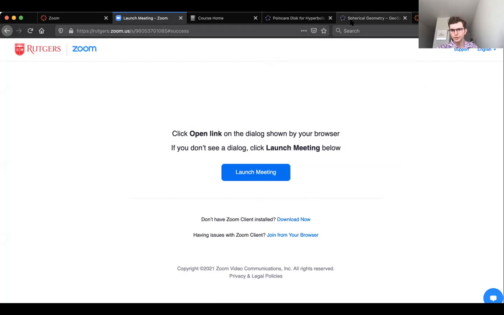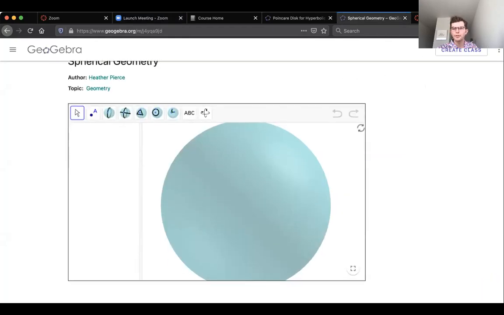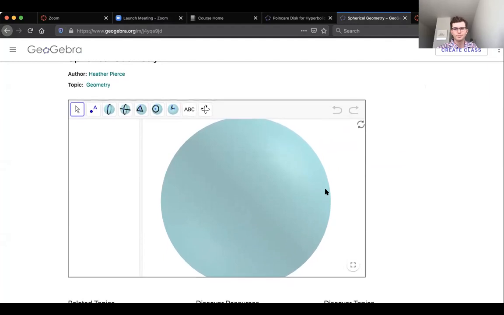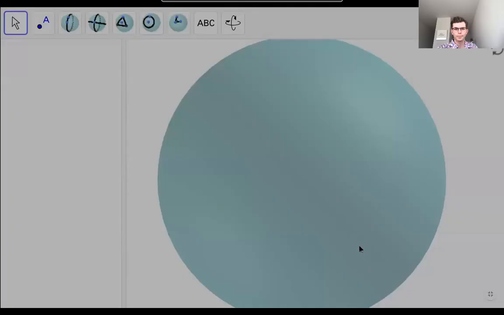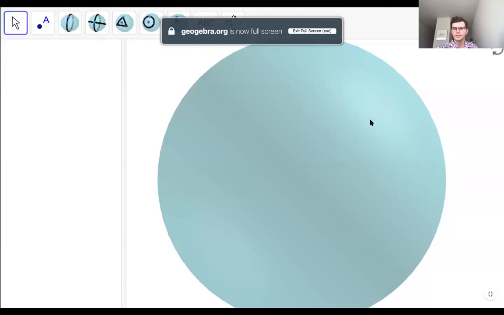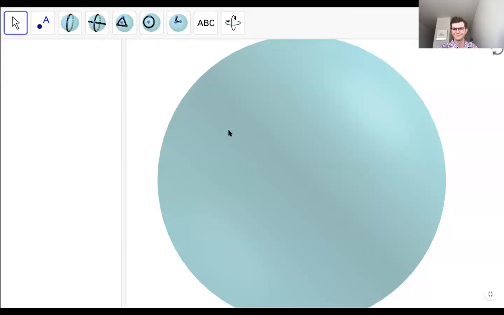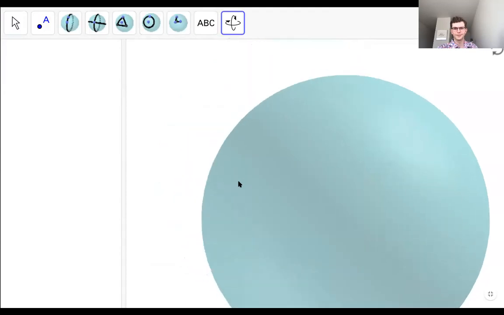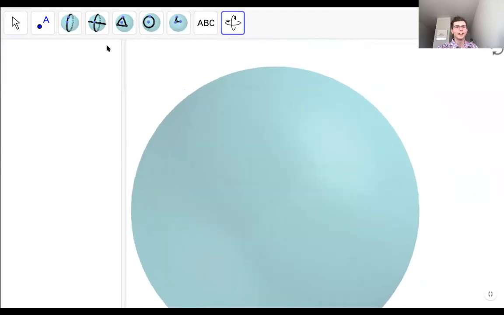If you go to GeoGebra, I really recommend that you go to this website from time to time. Just play with it. Can everyone see the huge sphere? Yeah, this is cute.